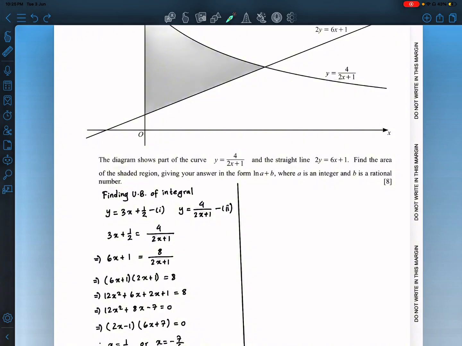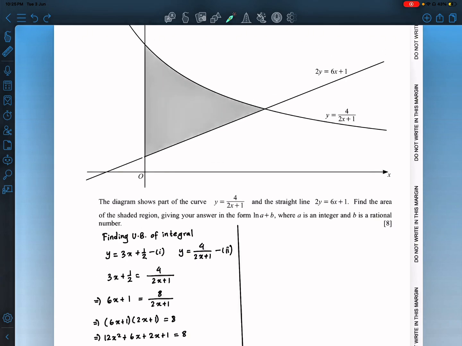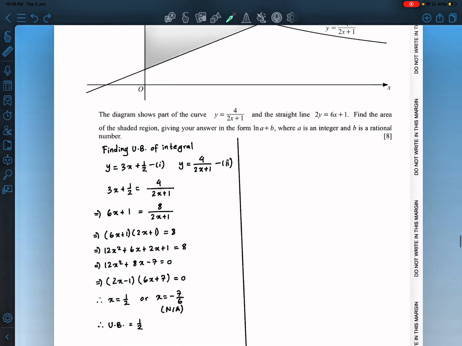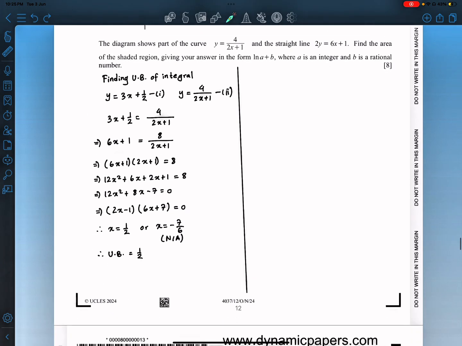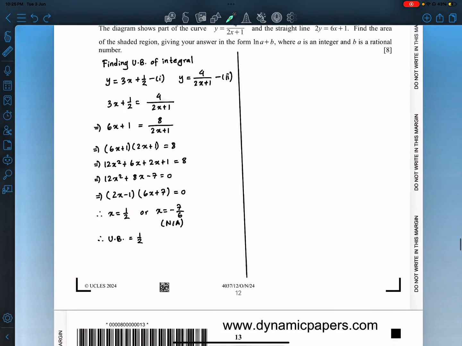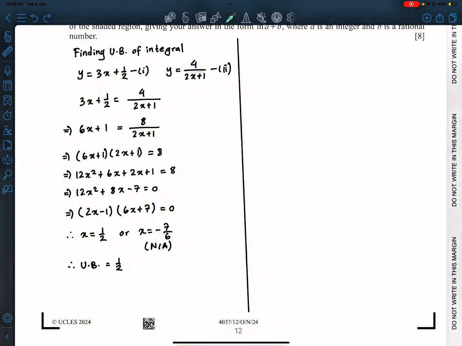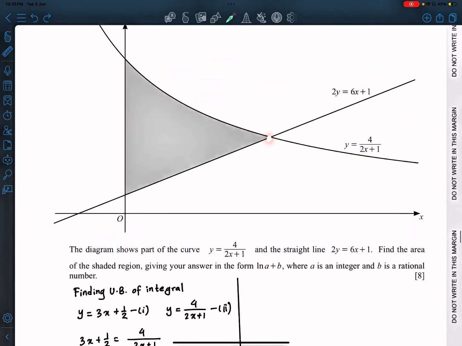So to find the integral first, we first need to know the upper bound and the lower bound of our integral. So the lower bound, as we can see from the diagram, is 0. And the upper bound is something that is greater than 0. To find the upper bound, we simply have to equate these two equations together to find the intersection point.